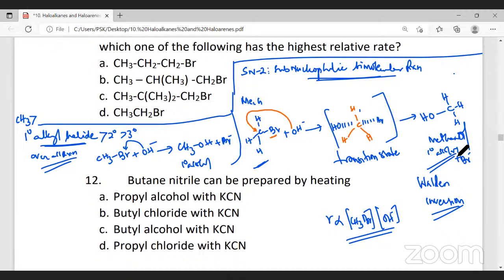Yes, sir. Clarification with these two mechanisms. It will be a regular question. If they ask you the difference between SN1 and SN2 mechanism, in case of SN1, the molecularity is unimolecular. In case of SN2, the molecularity is bimolecular. SN1 takes place in how many steps? Two steps, sir.